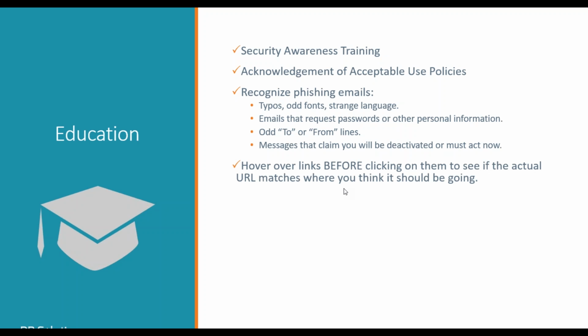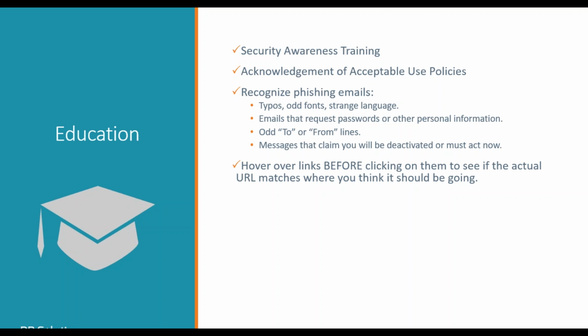One thing you can do, although there may need to be some edits to this because there may be even ways to exploit this: if you see a URL in an email, a link, sometimes it says click here to open your account or click here to log into your account. In Outlook at least, and a lot of other email clients, if you don't click on the link but you hover over the link, a little pop-up will go over your little mouse pointer and it'll say, here's the actual URL that you're going to.